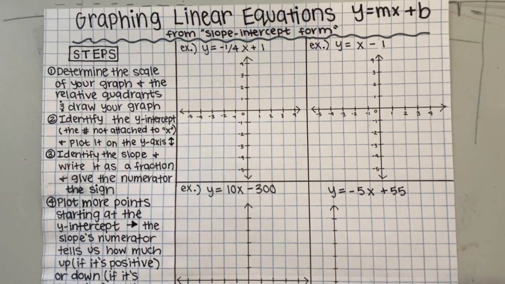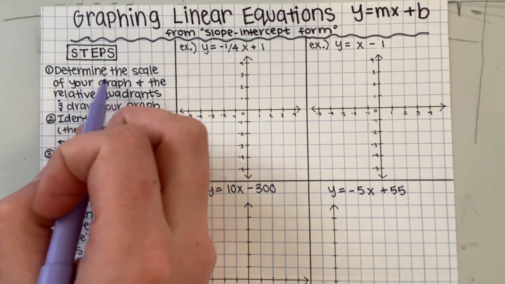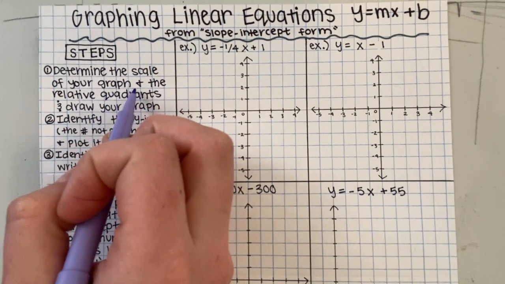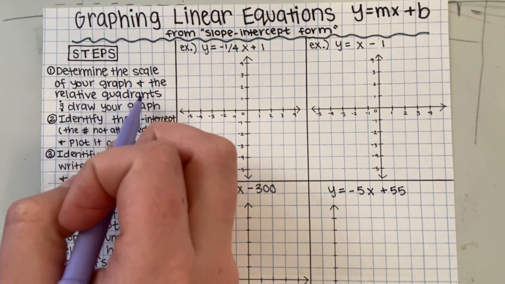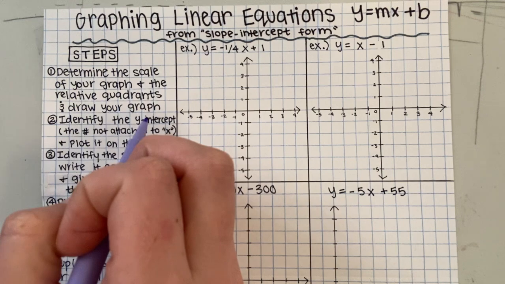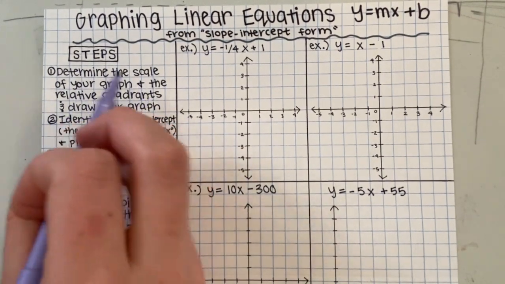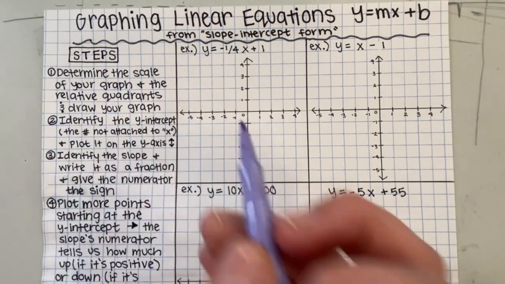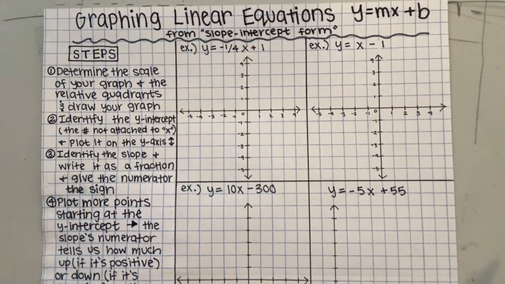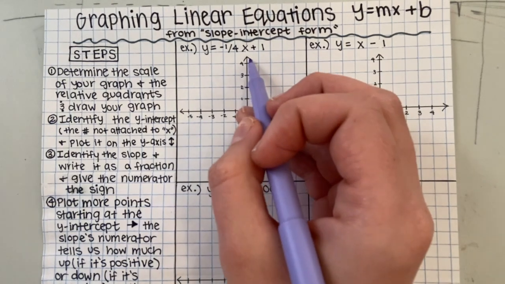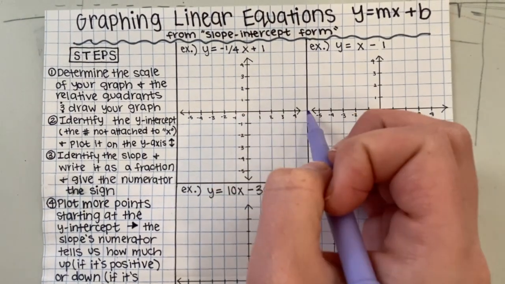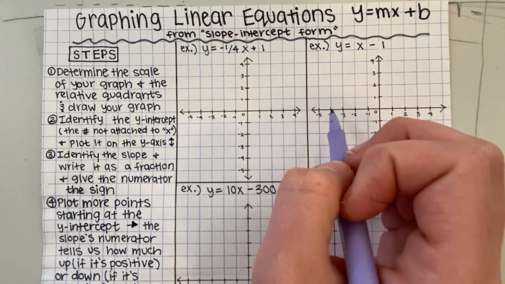So my first step is to determine the scale of your graph and the relative quadrants and draw your graph. This might seem overwhelming, but all this means is, am I looking at just positive numbers? And if so, I really only have to draw this portion of my graph. I don't have to draw the entire thing.